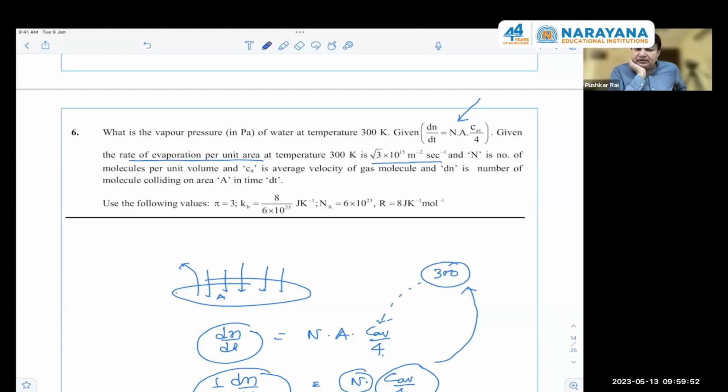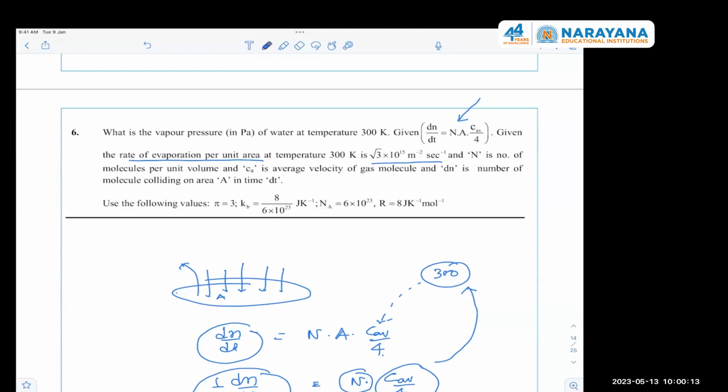Don't tell me you cannot have a feeling of the rate of effusion, and of the M average funda, that whatever gases are coming out, M average is there. So every problem is chosen very carefully for you. Now you understand what I'm saying, Ved?